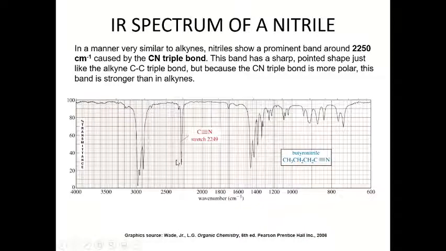Then is when the spectrum is getting more complex, right? Because you can think that you are getting an alkyne or a CN triple bond.